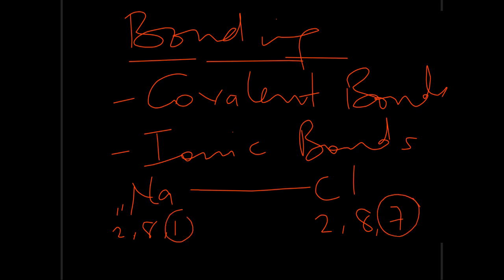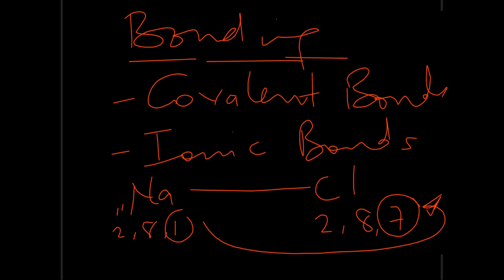Because sodium would have to lose its electron and chlorine would have to gain 1 electron, sodium would have to give its electron to chlorine. And in the process, they come together to form a bonding relationship, the compound sodium chloride. So that was what we looked at under ionic bond formation.